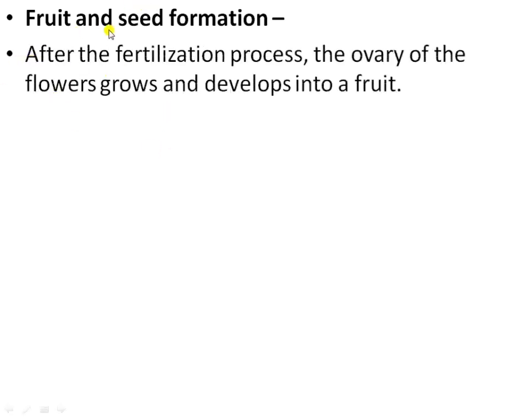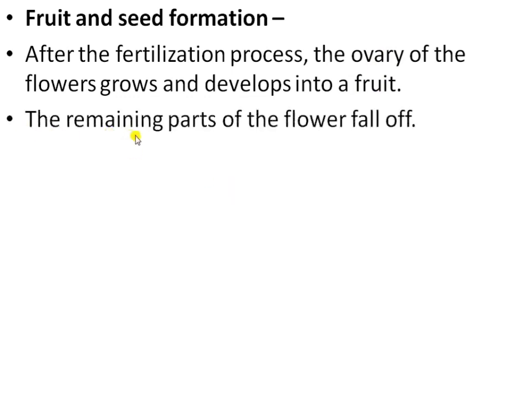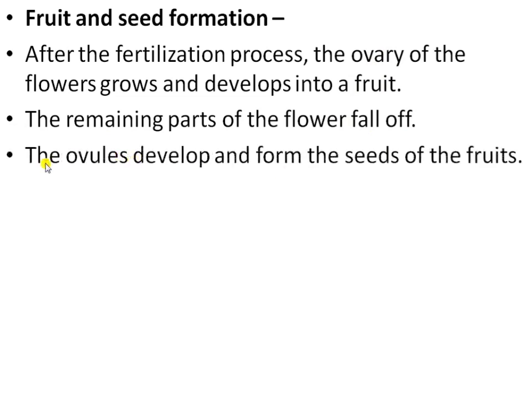Firstly, after the fertilization process, the ovary of the flower grows and develops into a fruit. Then the remaining parts of the flower fall off, and the ovule develops and forms the seed of the fruit.